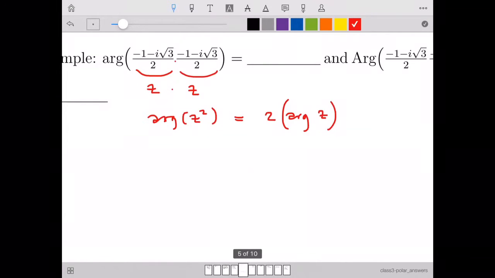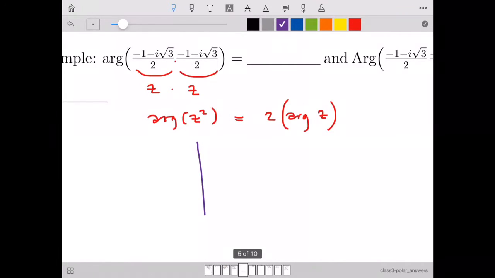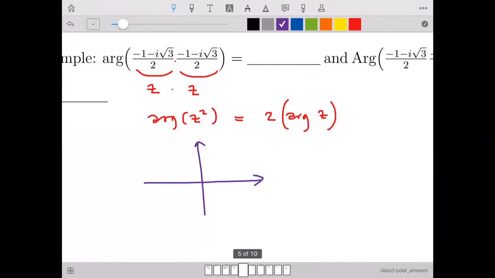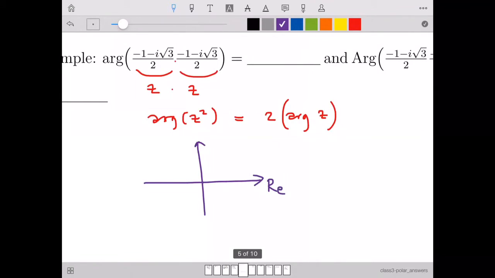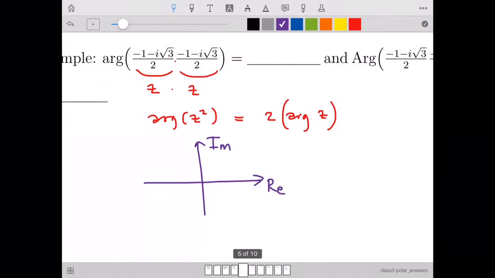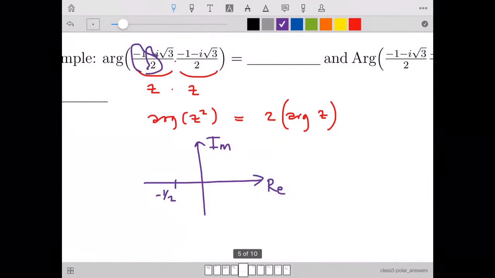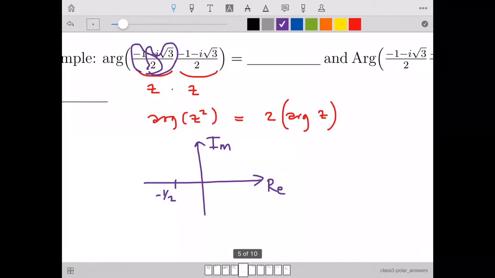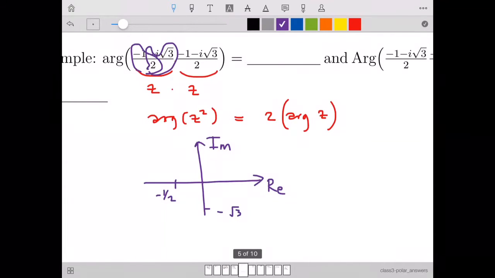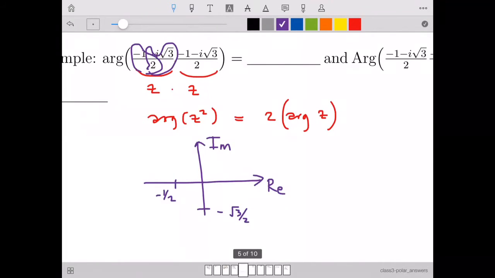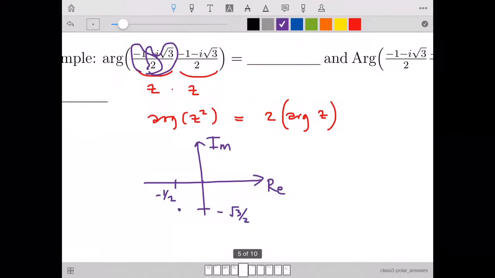So if I draw real, imaginary, this is the real part minus 1/2, and that's the imaginary part minus square root of 3 over 2. Here, that's Z.